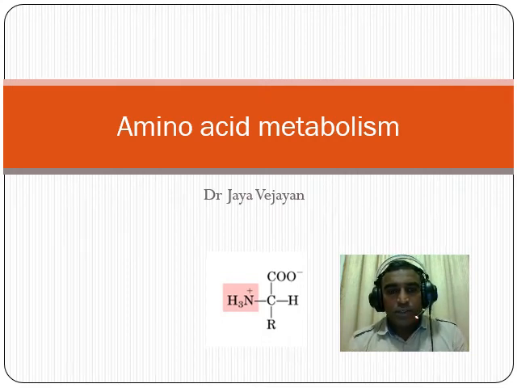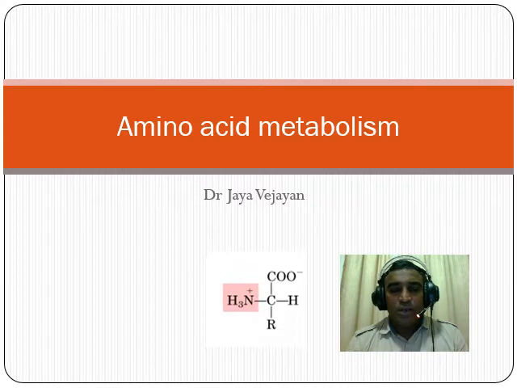This lecture is on amino acid metabolism. We look into amino acid, which is shown in the structure there: the carbon skeleton, which is composed of the carboxylic portion, hydrogen, as well as the R side chain, referred to as the carbon skeleton.